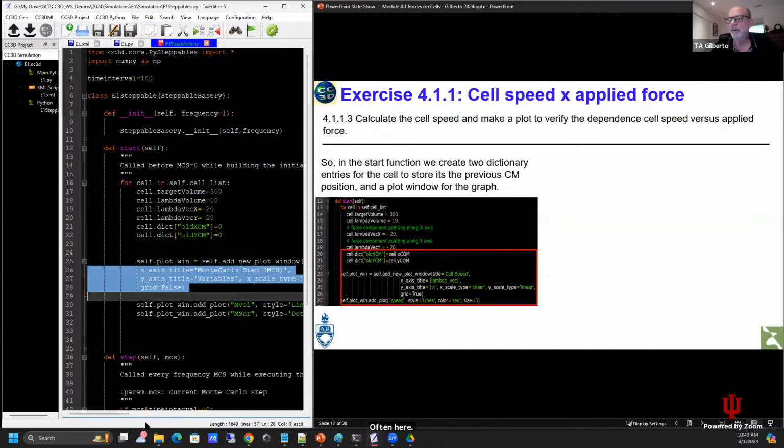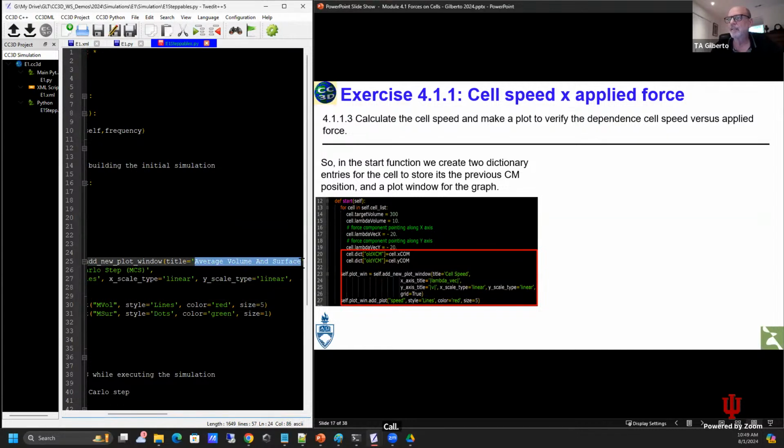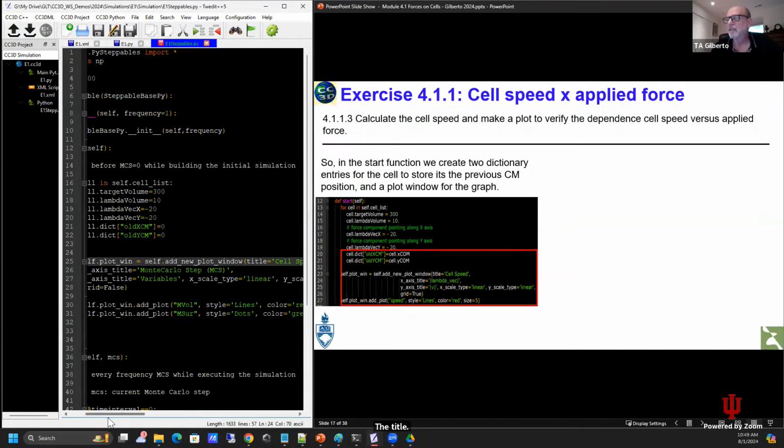So I will call it cell speed in the title.